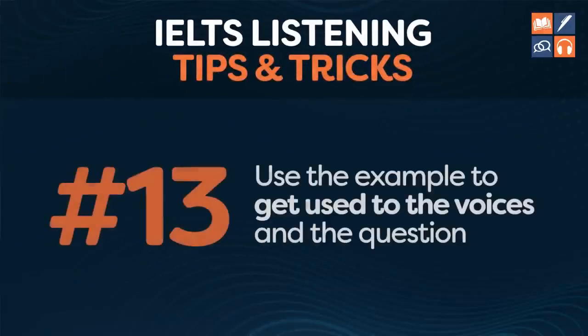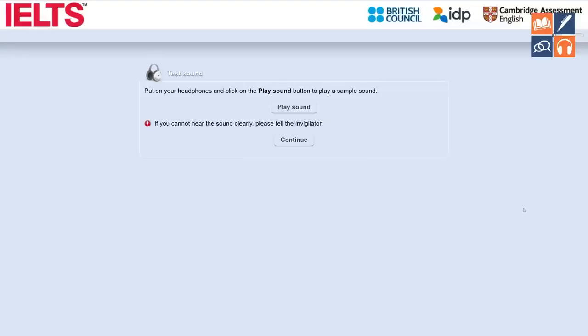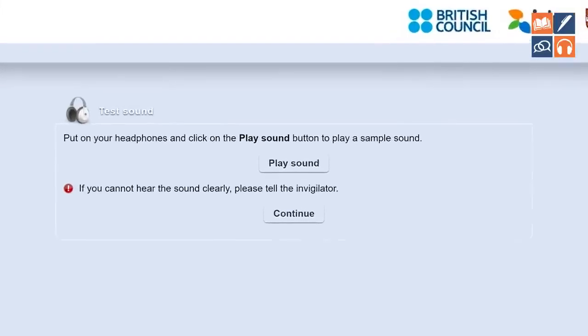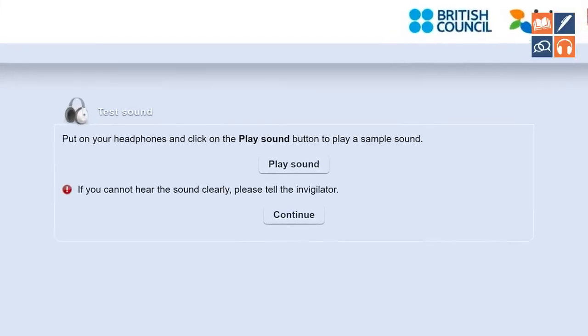The next tip is to use the example recording to get used to the voices, get used to the accents, and get used to the question that they are giving you. So in some parts of the listening test, they will play an example recording, and they normally will be the same people talking with the same accent, answering the same type of question. So for example, it might be writing down a telephone number.